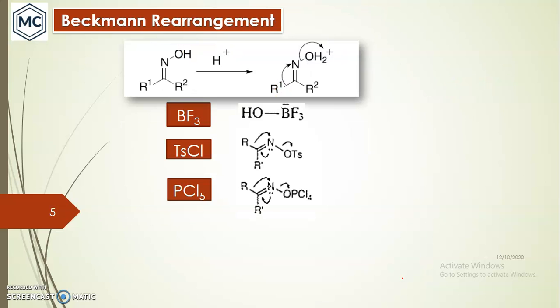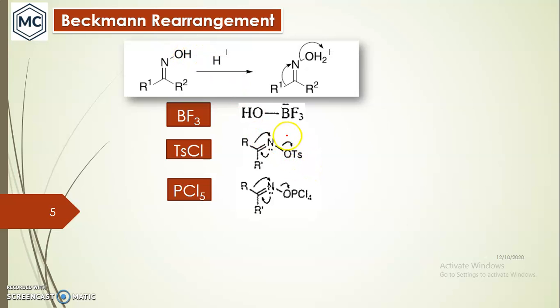Okay, in Beckmann, if you are using BF3, boron trifluoride, the leaving group will be like this. This hydroxyl group reacts with BF3 and forms a better leaving group like this. And if you are using, instead of protic acid, tosyl chloride, this OH becomes OTs.